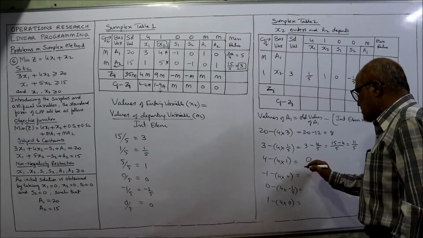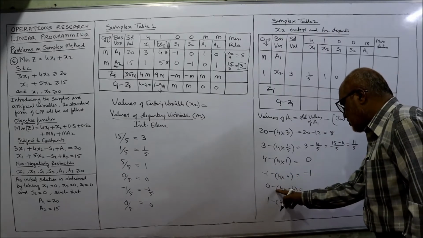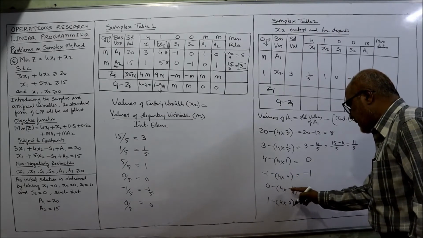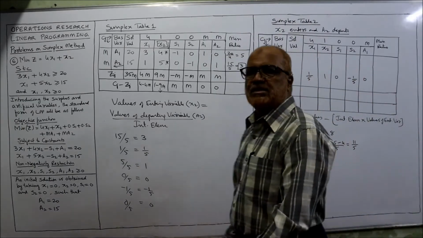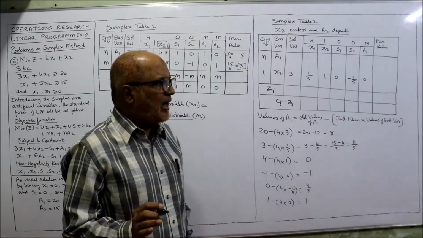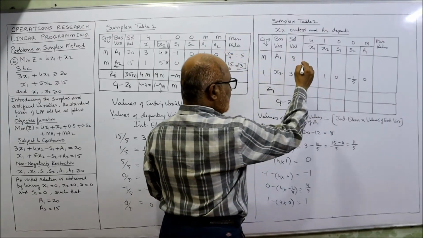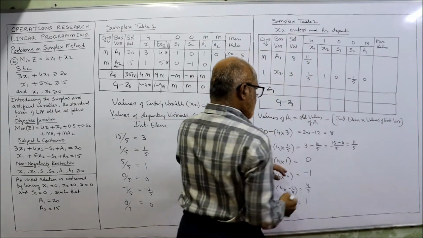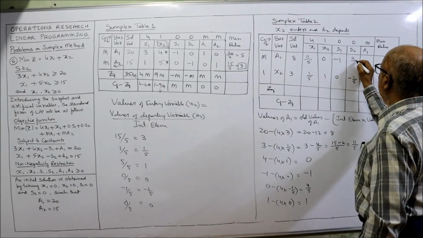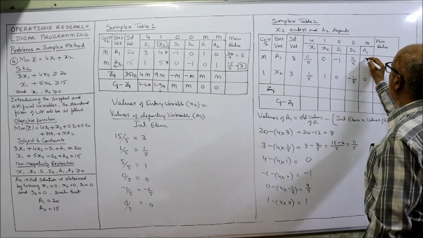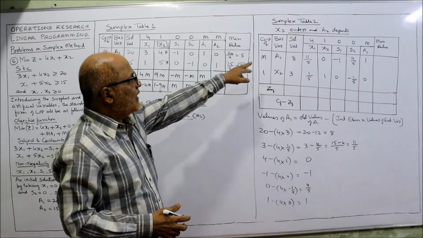Here 4 minus 4, 0. Minus 1 minus 0 is minus 1. 0 minus into minus will become plus, so 4 by 5. 1 minus 0 is 1. That's it. So we got all the values of A1. The values are 8, then 11 by 5, then 0, minus 1, 4 by 5 and lastly 1. That's all. So we have calculated the values of A1 and x2.